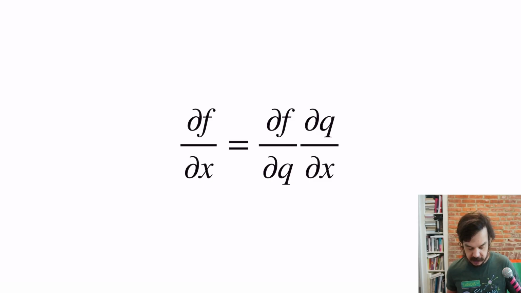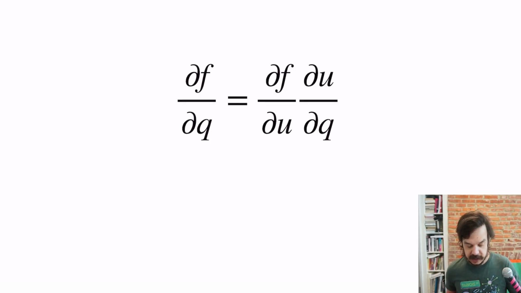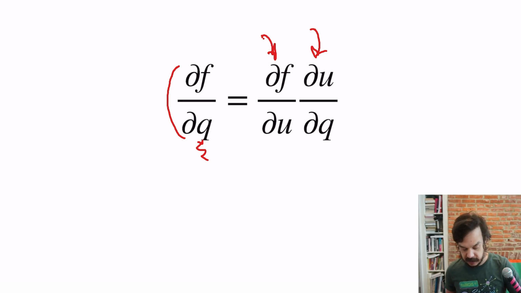So here we have our derivative of f with respect to x, and we can apply the chain rule one more time here, and we essentially can break down in an identical way the partial derivative of f with respect to q is really just the partial derivative of f with respect to u times the partial derivative of u with respect to q. And again, we can cancel these out, and this algebra just comes out to what's on the left side here, the derivative of f with respect to q.